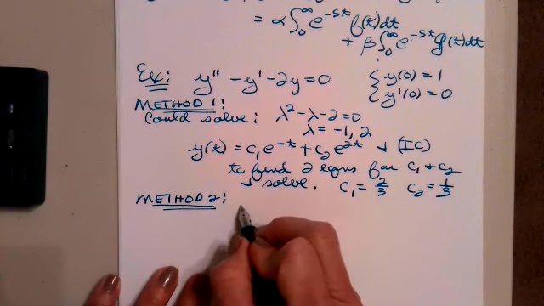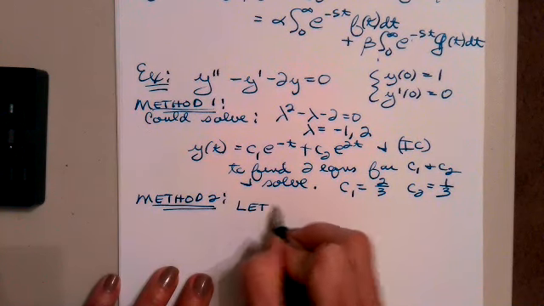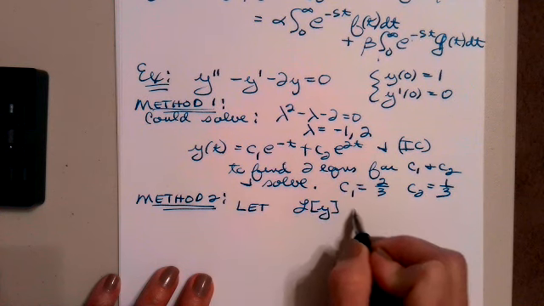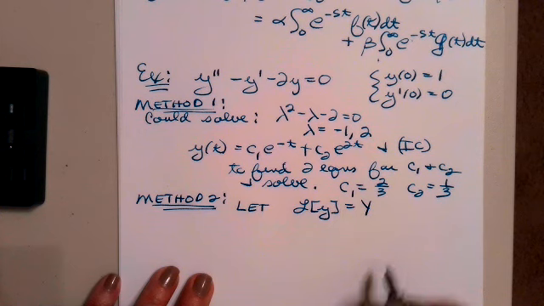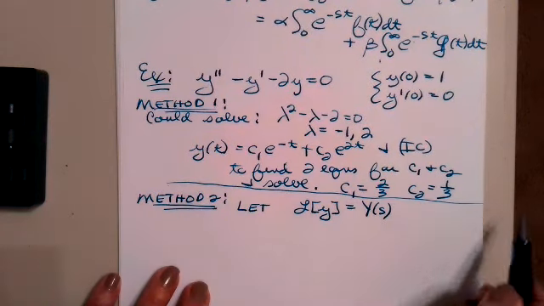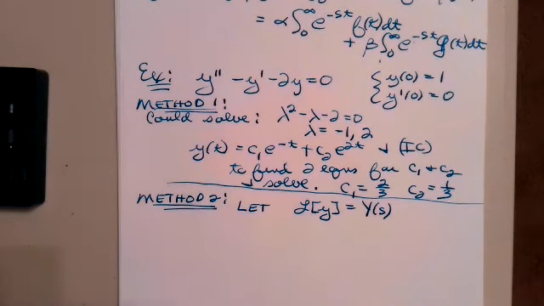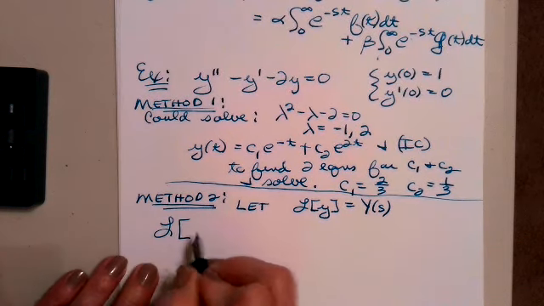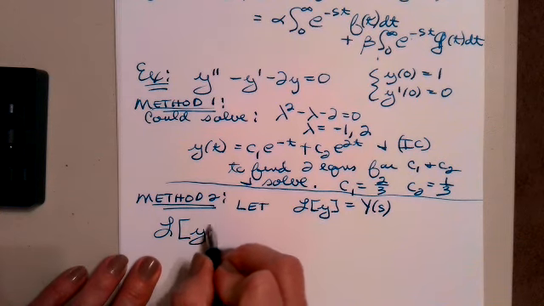All right, so for convenience, let's write the Laplace transform of little y as capital Y. That's very traditional: use a capital letter for a transformed function and a small letter for the original function. Okay, so now we're going to take the Laplace transform of the whole equation.